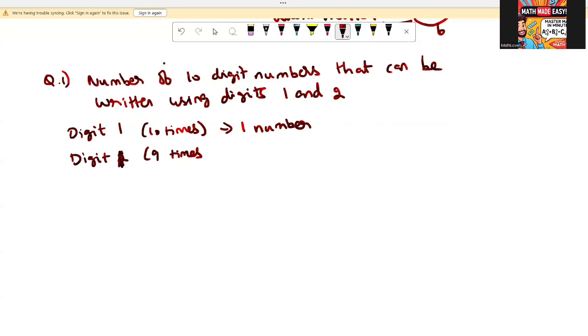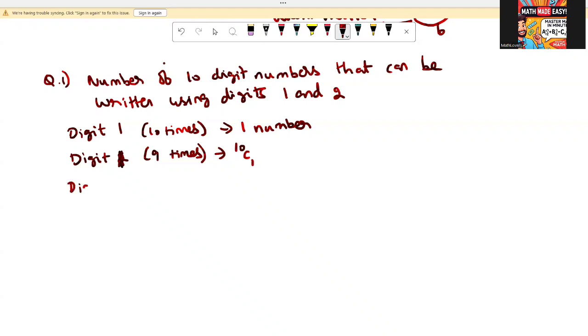Then we can understand 2 has to be present for only one time because it's a 10-digit number. So 2 can be present in any of the 10 positions. So I can write it as 10C1.